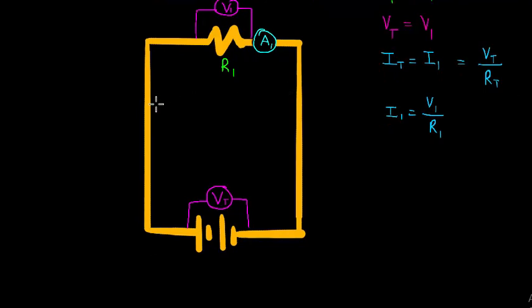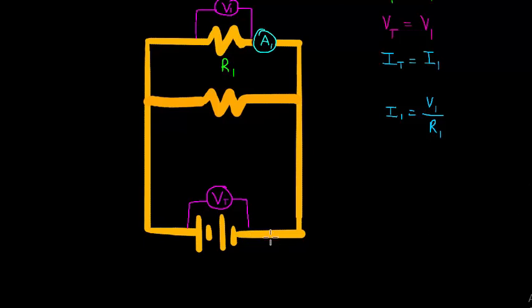So what I want to do now is add another resistor into the system and see what effect this has. The first thing you need to notice is that the moment I do this, the current I1 cannot be equal to the total current anymore.